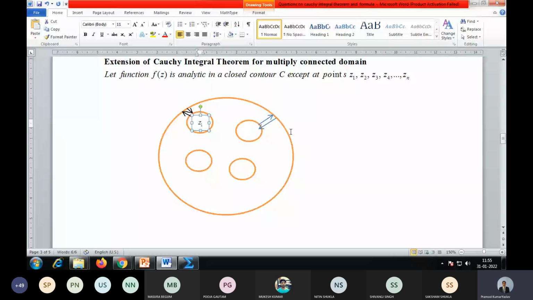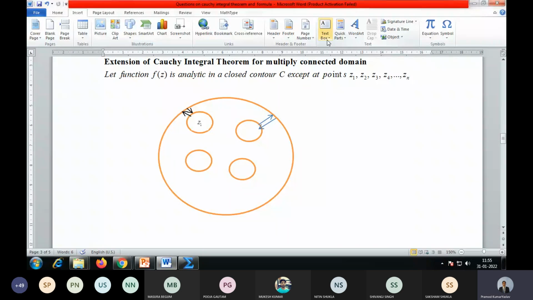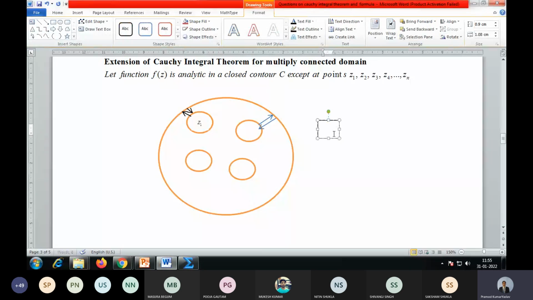Let us construct a circle C1, C2, C3, and so on.